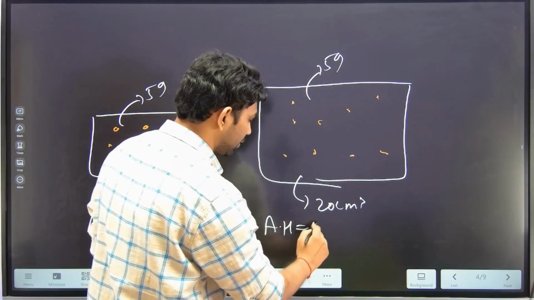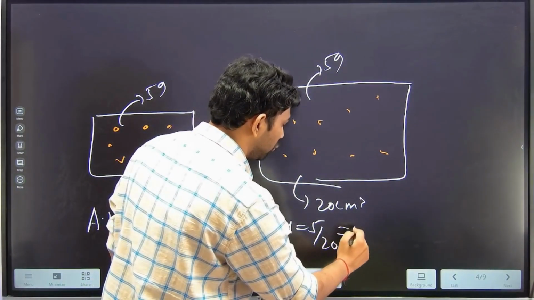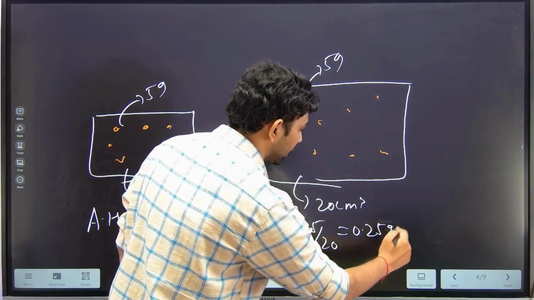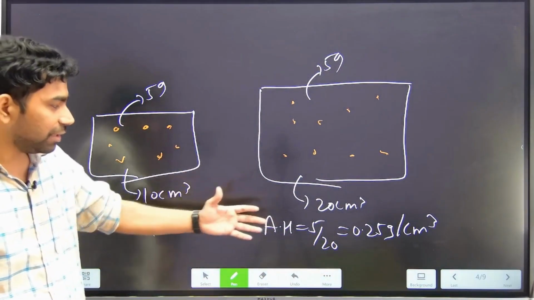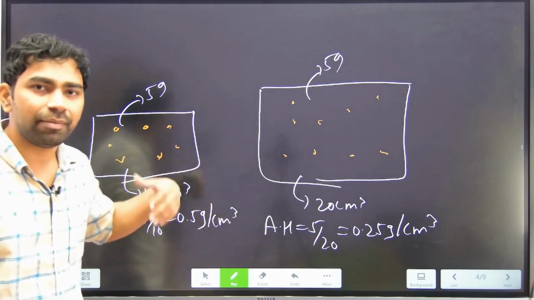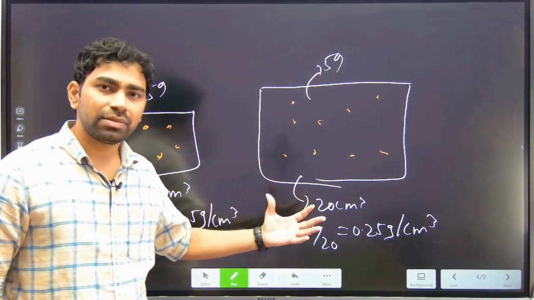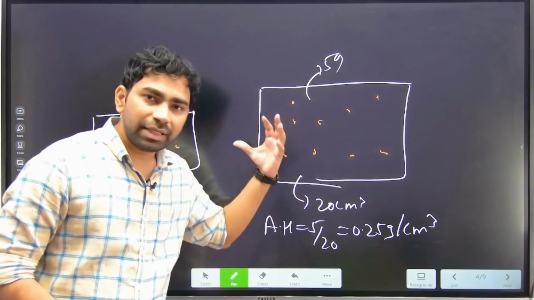It is 5 by 20, that is 0.25 gram per centimeter cube. So as you can see here, the absolute humidity has completely changed. Why? Because of the temperature rise.